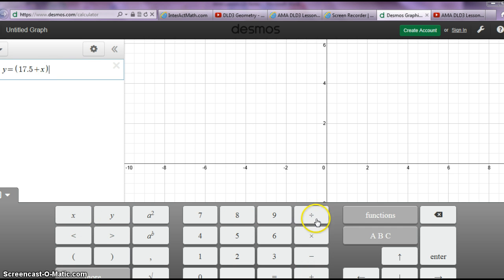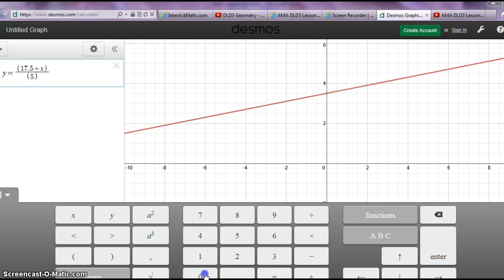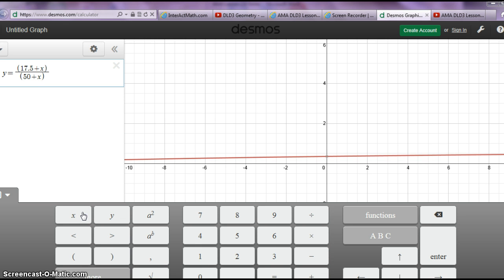And then we're going to divide that by 50 plus x. And you can see that we start to get an equation.